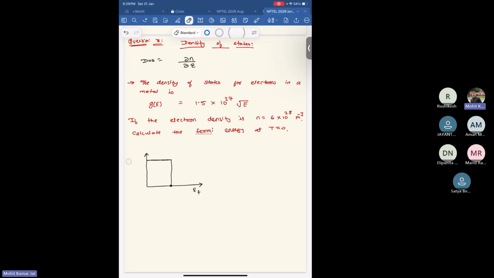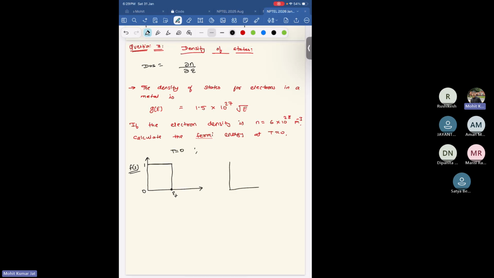On this axis, it tells you the probability of occupation. Here it's 1, and after the Fermi energy EF, it's 0. So this is for T equal to 0.